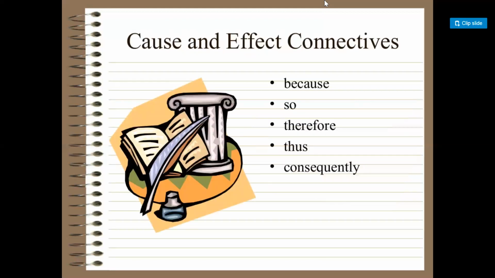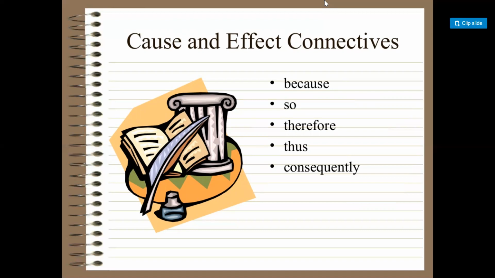The next one is cause and effect connectives. These explain why something happens. The reason would be told to us. Some examples for these could be because, so, therefore, thus, consequently, as a consequence, as a result, hence, for instance, or in fact.